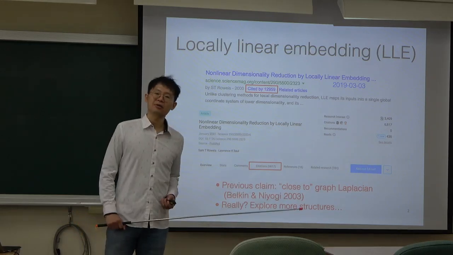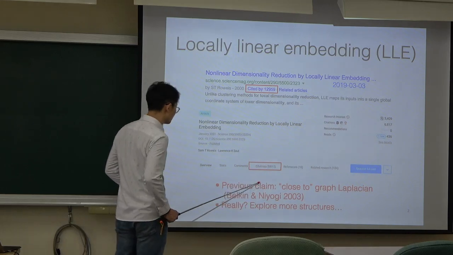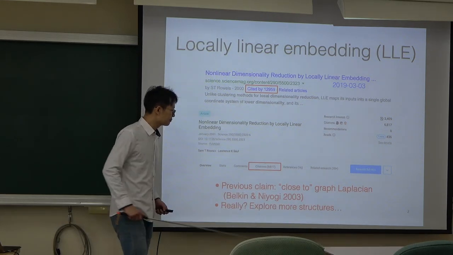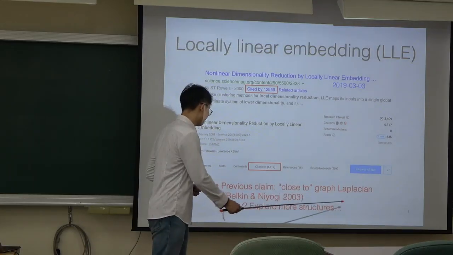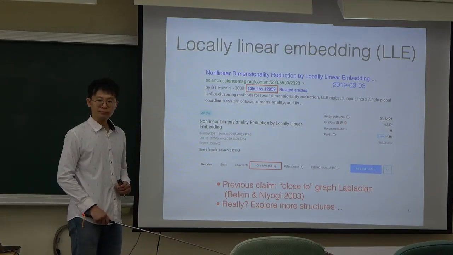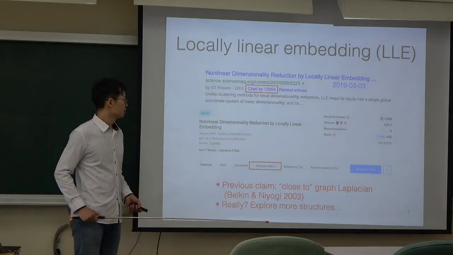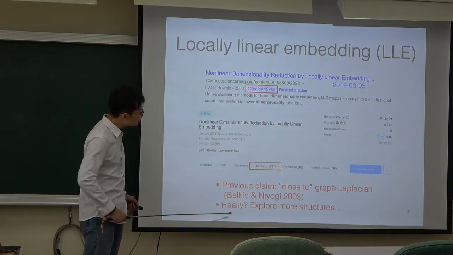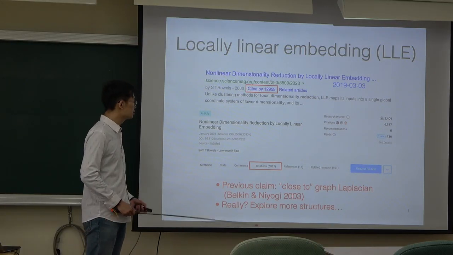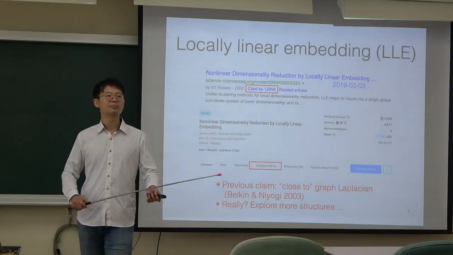However, how much do we know about it? If you look at the previous claim back in 2003, it says that it is close to graph Laplacian. People took it, which is okay, because later on you will see it does look like graph Laplacian, but it is more complicated.